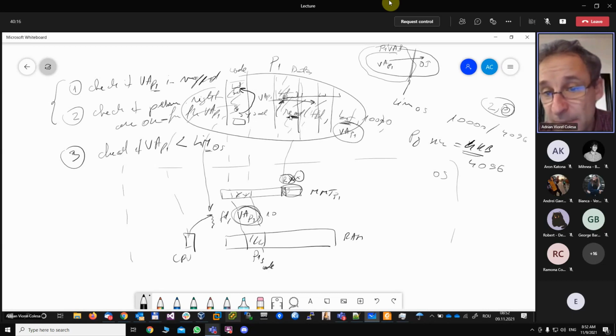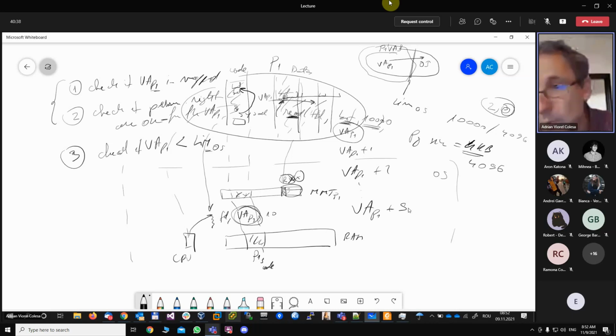In that case, you have to take into account also that third parameter. Starting from this address, you have to be sure that all the addresses, VAP1, VAP1 plus 1, VAP1 plus 2 until VAP1 plus 9999, so 10,000 minus 1, are mapped, are not in the OS, and are given the necessary permission rights.